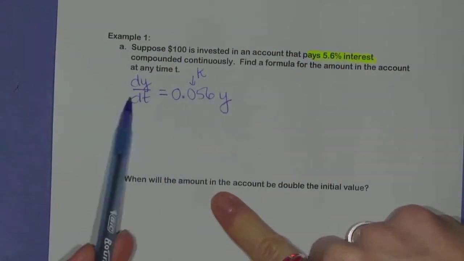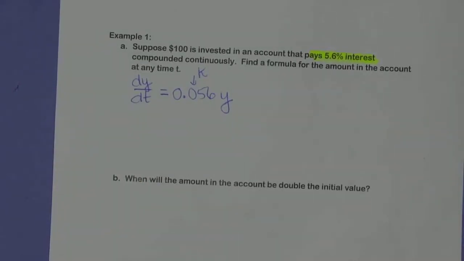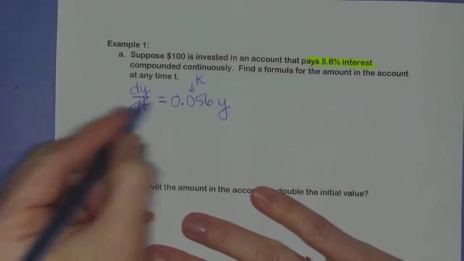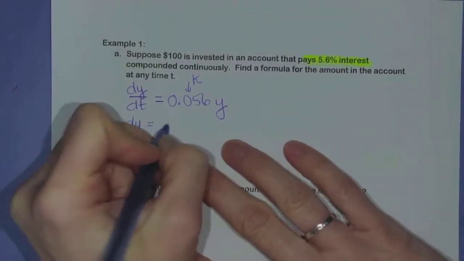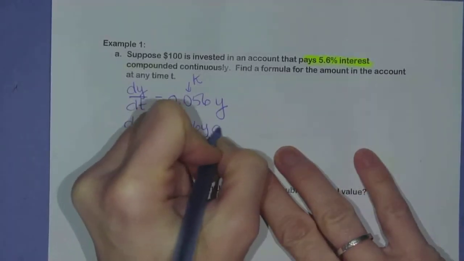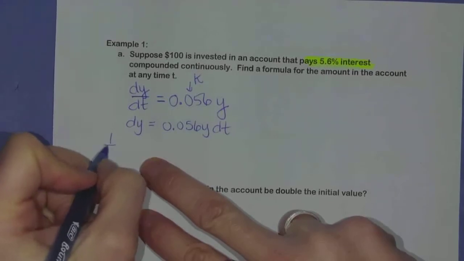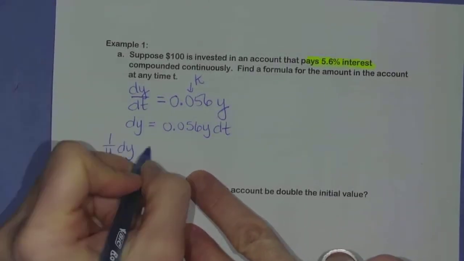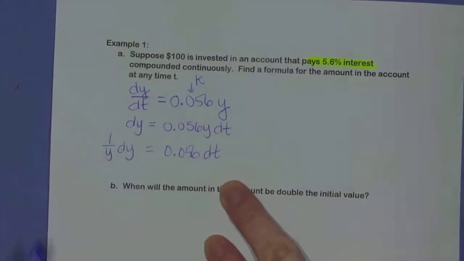Okay, so to solve this, I'm going to go through the same steps that I went through on the other side. So I'll multiply both sides by dt, which will give me dy equals 0.056y dt. I'll divide both sides by y, which will give me 1 over y dy equals 0.056 dt.